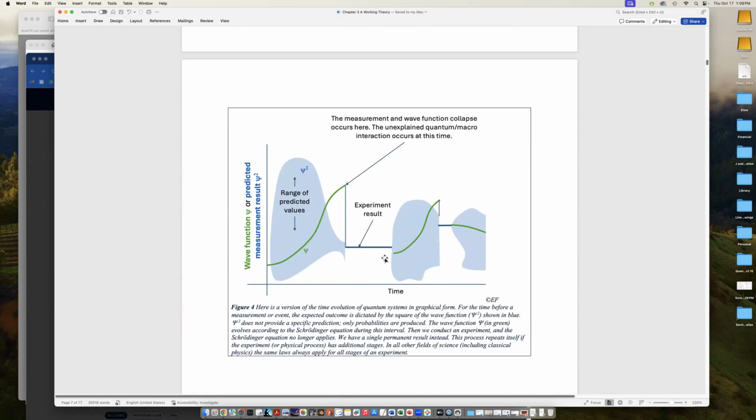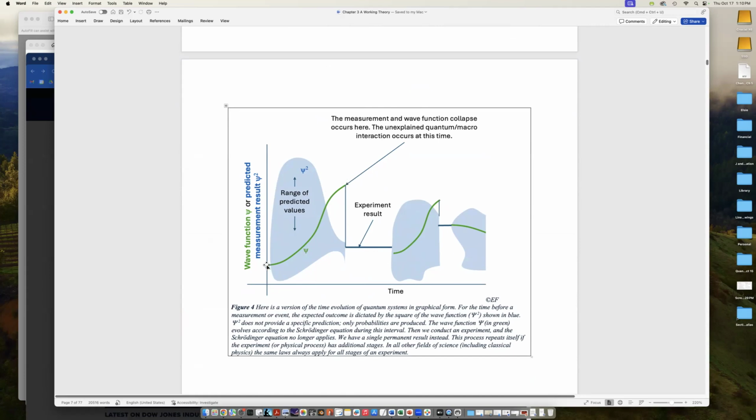Here's a depiction of that issue I mentioned earlier. Here's time, and in green we have the wave function of some imagined experiment. The wave function changes with time. And then right at this point in time, we conduct an experiment. We measure something or we observe a natural phenomenon.